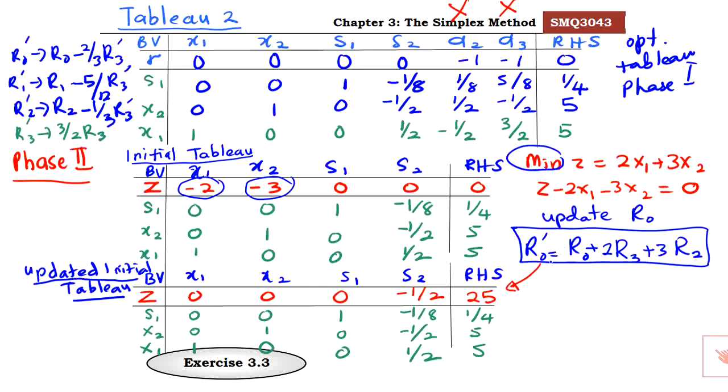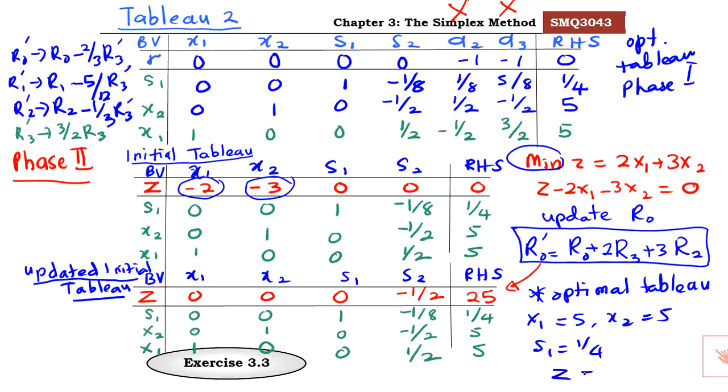Therefore, we can conclude that this is the optimal Tableau. x1 equals 5, x2 equals 5, s1 equals 1 over 4, and z is 25.